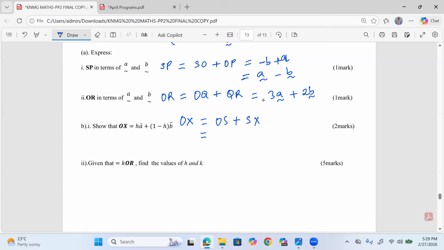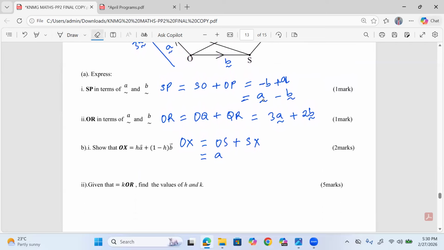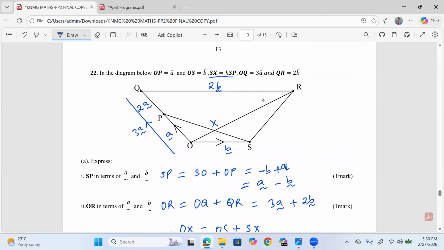Then OS is vector A. Is it A or B? Let's check. That's vector B plus SX. SX is equal to H SP, and SP is here.